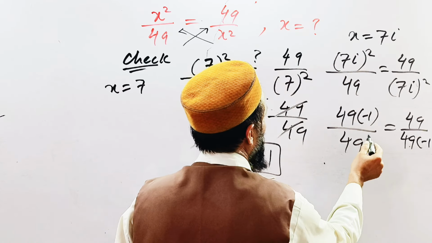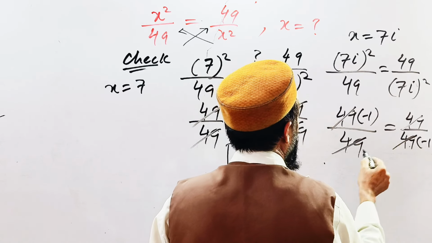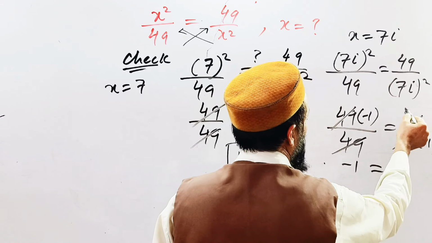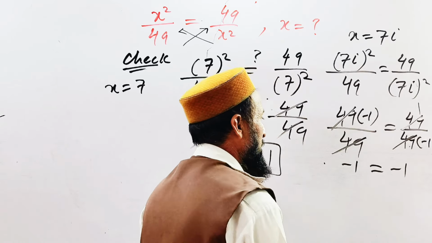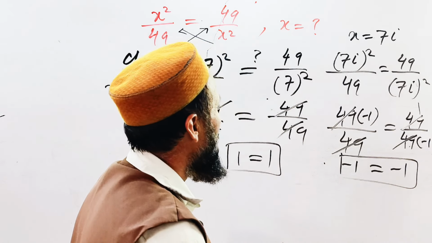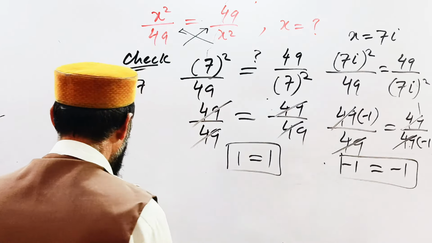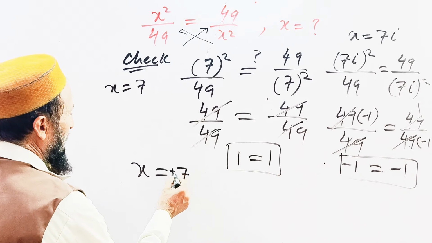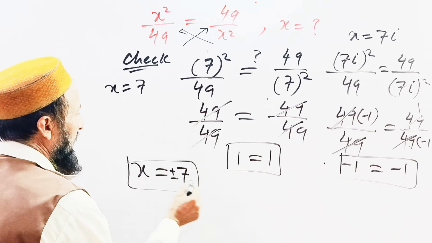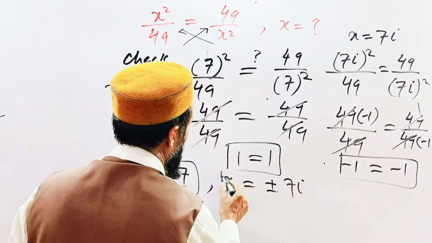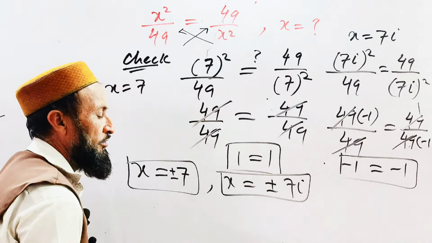Expanding, both cancel, and we get minus 1 is equal to minus 1. So all the roots give the same result: plus minus 7 is one result, and plus minus 7 iota are the other roots of the equation.